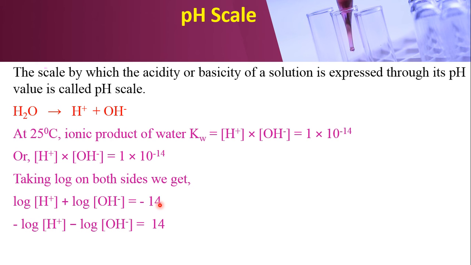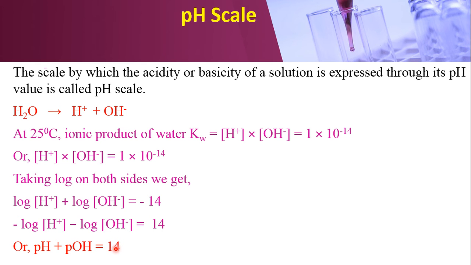Now if we take the minus sign, then we get this. Now look, what is this? Minus log concentration of hydrogen ion. This is pH and this is pOH. So from this equation we can write pH plus pOH equals 14.